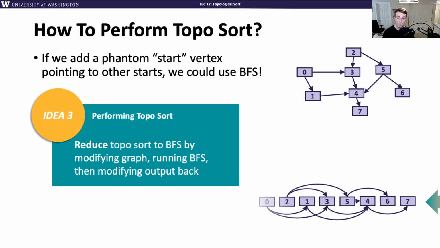I'll quickly mention that this idea of a reduction shows up quite a bit in computer science. Particularly, it shows up in the world of CS theory, so theoretical computer science, where we try to make statements about problems that we don't even know how to solve yet. So if you can show that one problem P reduces to another problem Q, you could make statements about these problems even if you don't have an algorithm to solve either of them.